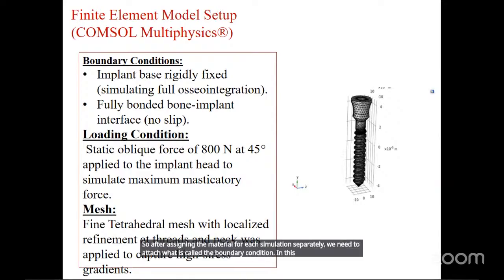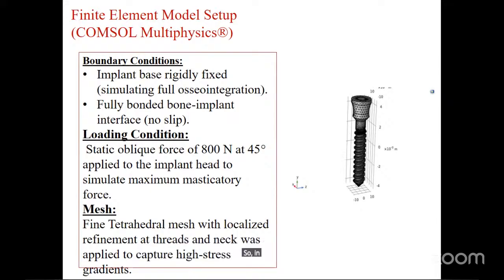In this case, the boundary condition tells the software that we are dealing with chewing force here, and we realize that with chewing force, we need to be pressing from the top of the design to the bottom. So we assign a fixed constraint at the bottom, and then we assign our chewing force, which is 800 Newton, from the top of it. So we know that the force is coming from the top. In this case, the 800 Newton is assigned to the top of this very design that we have.